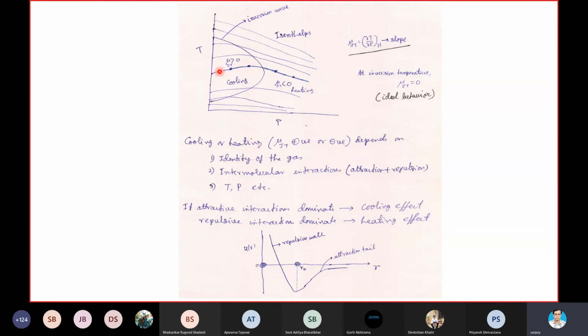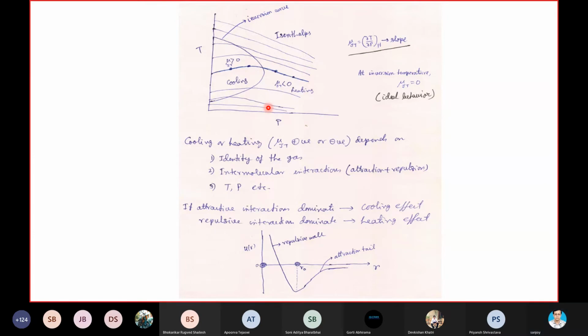So this point is the inversion temperature. If you connect these inversion temperatures, you get what we call an inversion curve. Within this region, you will see a cooling effect, and beyond this, there is a heating effect.